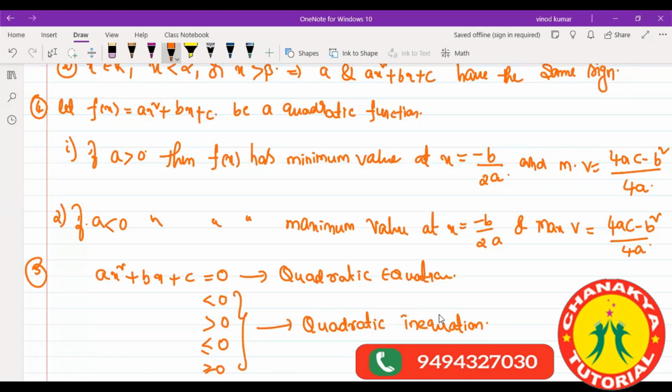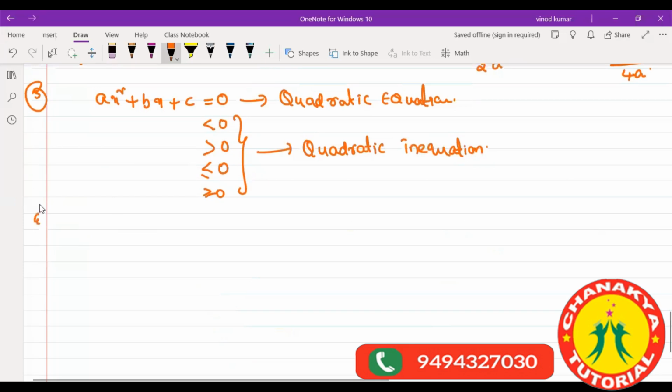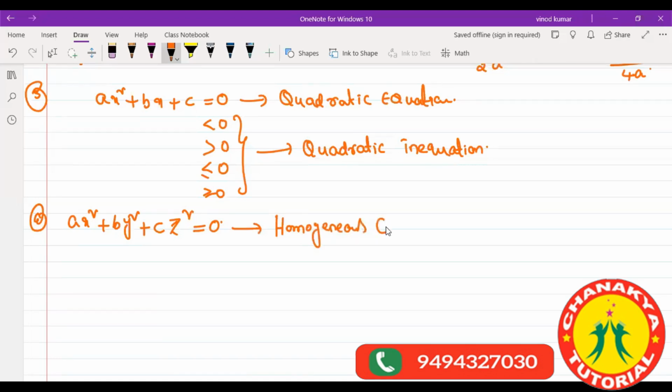Next, when a quadratic equation is ax square plus by square plus cz square equal to 0, an equation having three variables, of course with all the variables of degree 2, this is called a homogeneous quadratic equation.